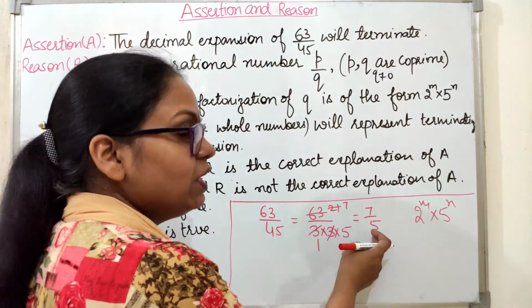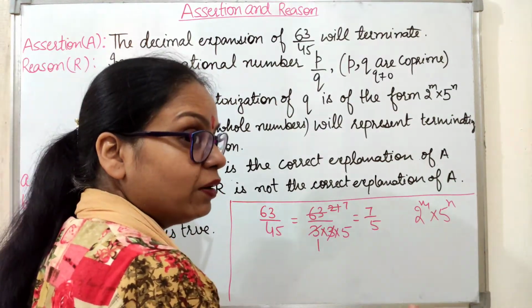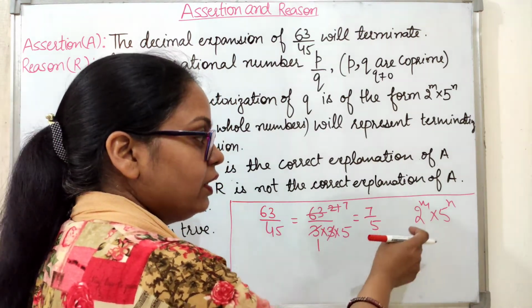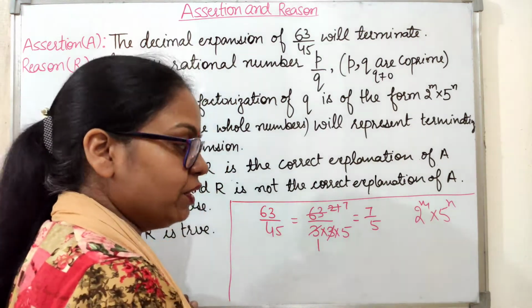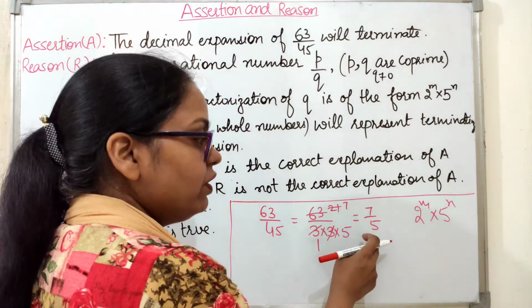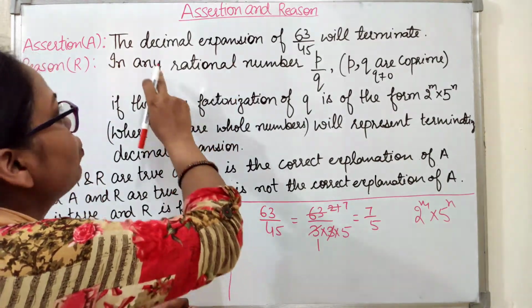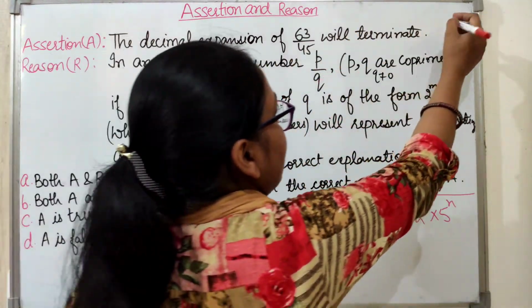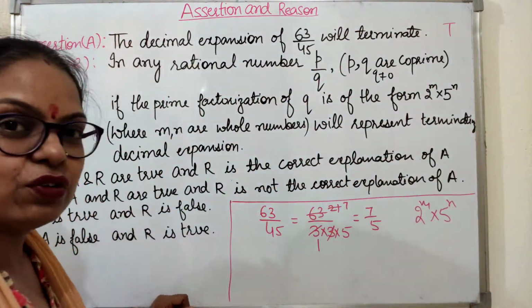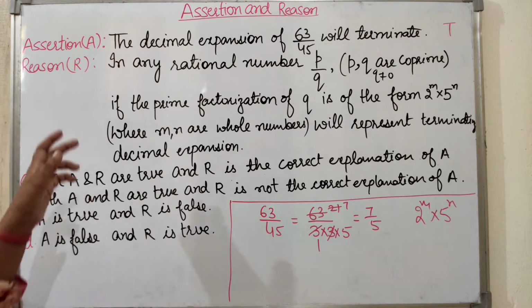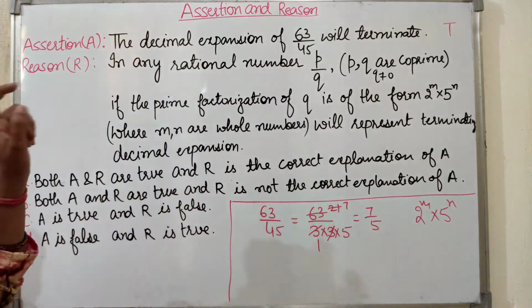So here, 2 is not there, but one of them should be there. So 5 is there. If both are there, even then it will terminate. So since 5 is there, this will definitely terminate. So this statement has come true. So what do we get here? The assertion is true.